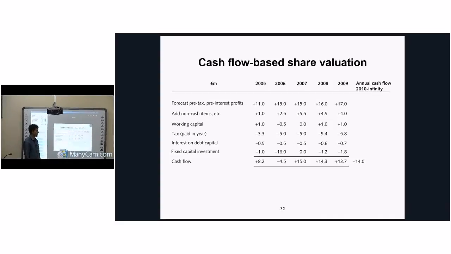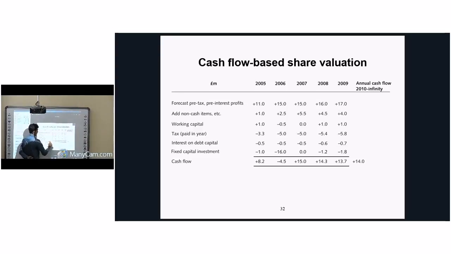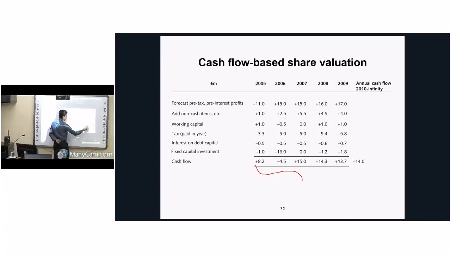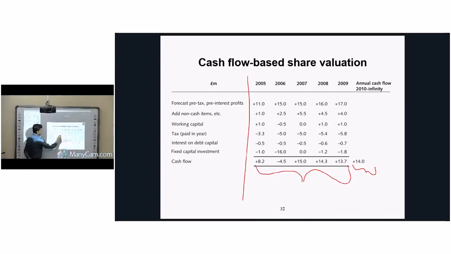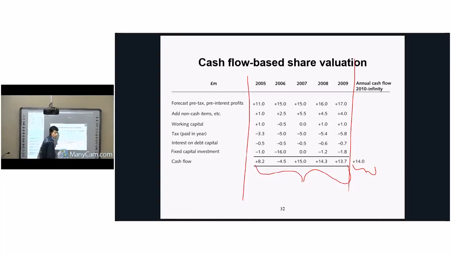So in year 5 you will get a cash flow of 14 in 2010, and that will be continuing forever. So you have a calculation here. Why? Cash flows from 2005 to 2009 is one model. 2010 onwards is another model.